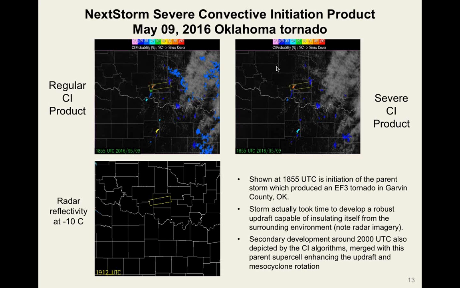This slide number 13 is somewhat animated, and I'm hoping the internet keeps up with this. This is the same storm on May 9th, and we have the regular CI product on the left and the severe CI product on the right. Again, we're getting a very good hit from the severe CI product, and what we started to do, which is kind of interesting, is putting little polygons downstream of where we expect the cloud to grow.